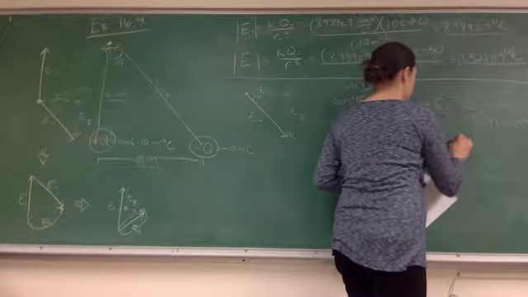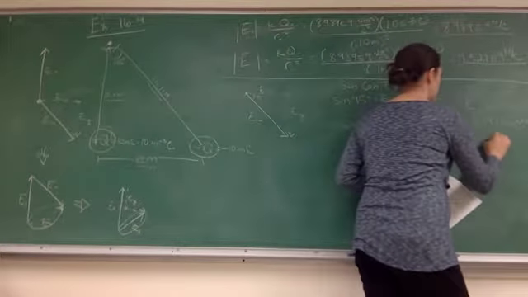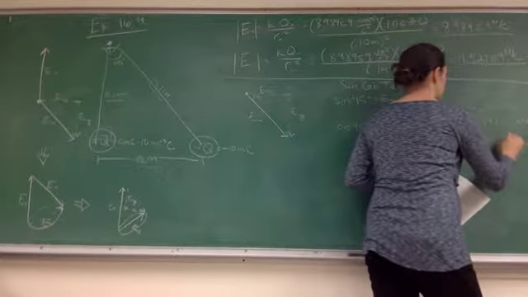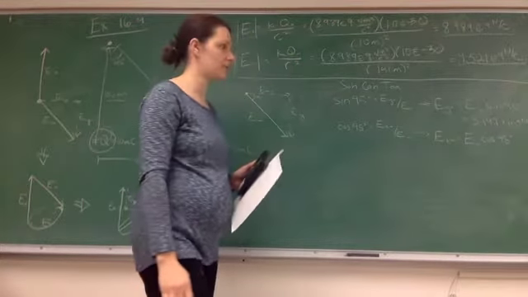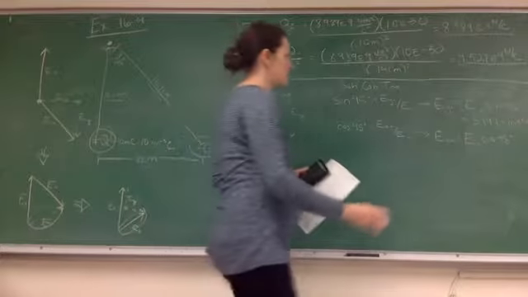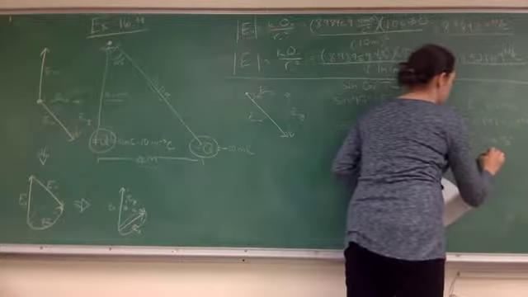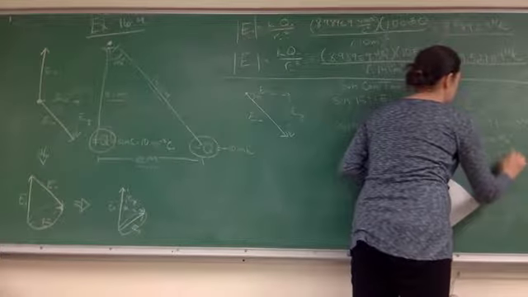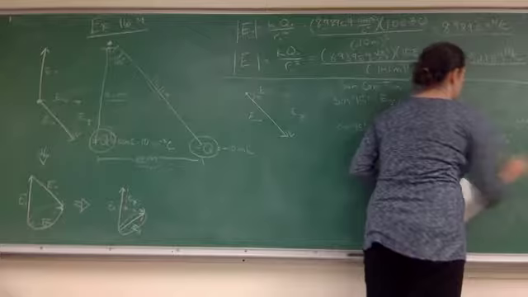So E_x minus is going to be E minus times cosine of 45 degrees. You can plug that into your calculator, but actually sine of 45 and cosine of 45 are the same number, so I can do that in my head. This would be the same as that. 3.197 times 10 to the 9th newtons per coulomb.